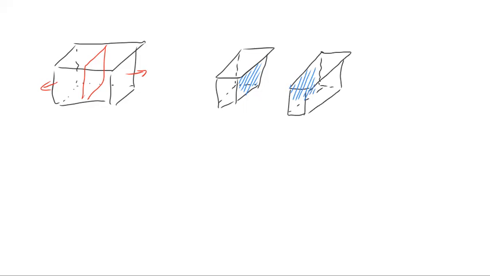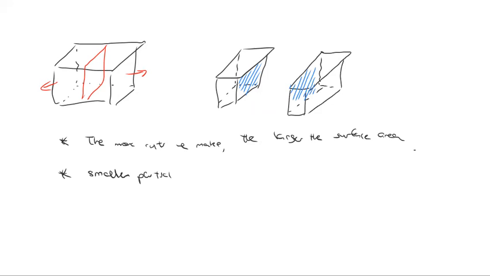So the more cuts we make, the larger the surface area. Another way to think about it is that smaller particle sizes result in increased surface area, which will therefore result in increased reaction rate. Does that make sense?